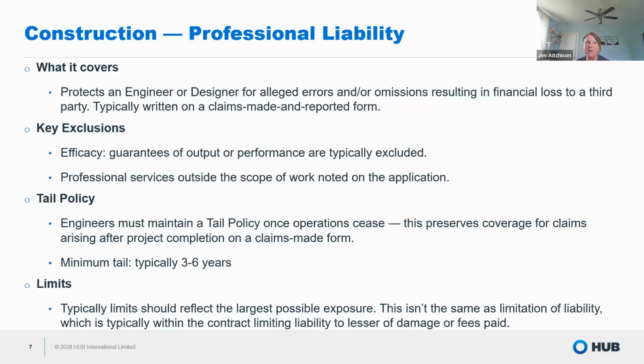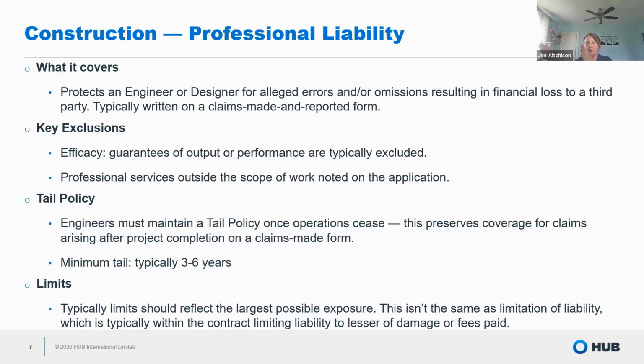The way we get around that, because oftentimes if there's a design error or omission that causes a financial loss, you don't find it right after you did the work. You find it 2 years later, 6 months later. So typically we write in a requirement for what we call a tail policy or an extended reporting period, which means that if you decide to cease operations and cancel your policy, you continue that coverage for any work prior to this date.